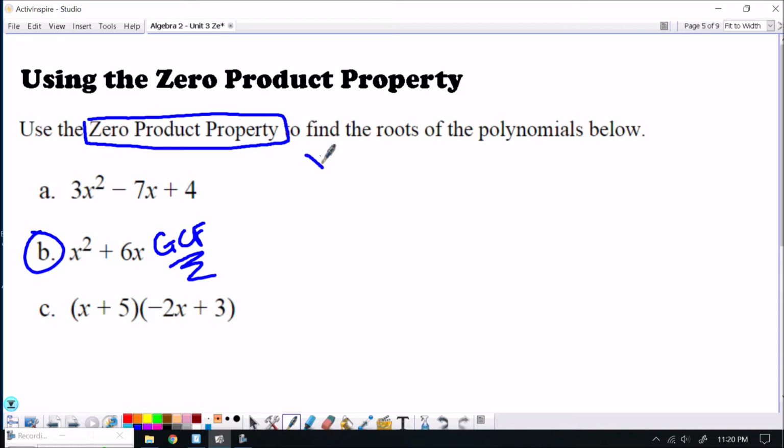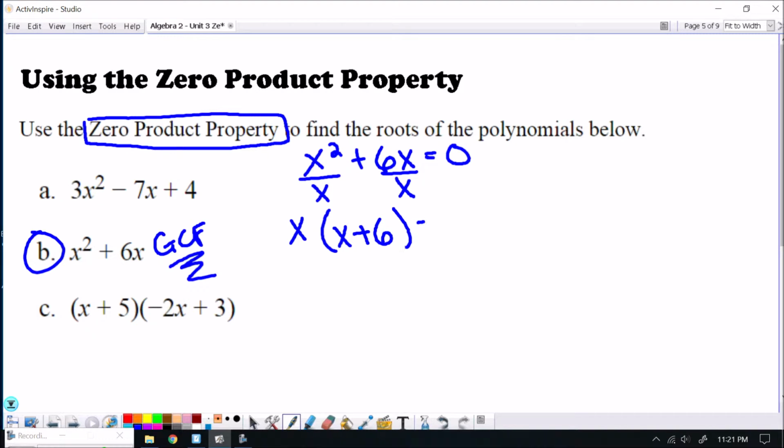So this x squared plus 6x, I'm going to set that equal to 0. These both have an x in common, so I can divide out that x. And it does not disappear, it just sits on the outside, because really I'm doing equivalent forms here. If I distribute that x back in, it should get back to the original problem.